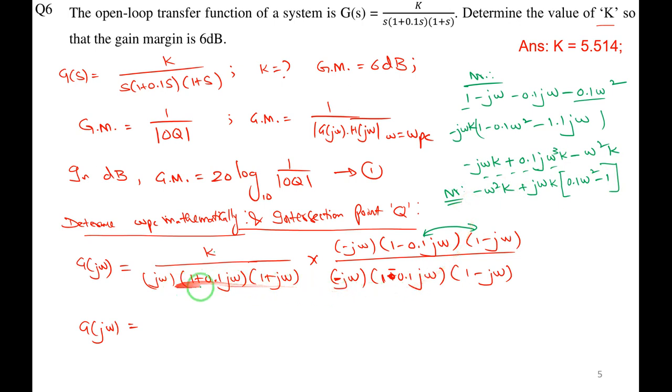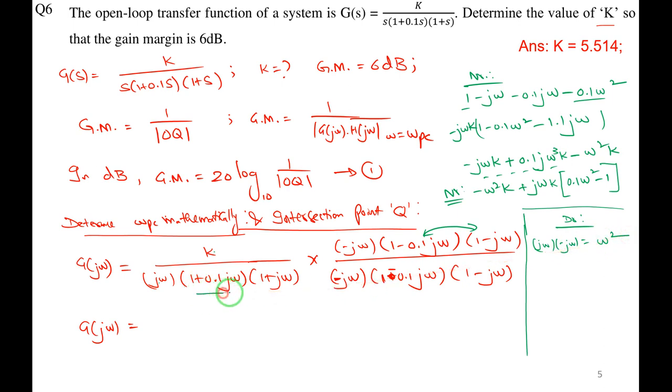Next, we have to simplify the denominator. So first I will multiply j omega into minus j omega. Plus into minus is minus, but j square is minus 1, so I will be getting plus, so I will be getting omega square.